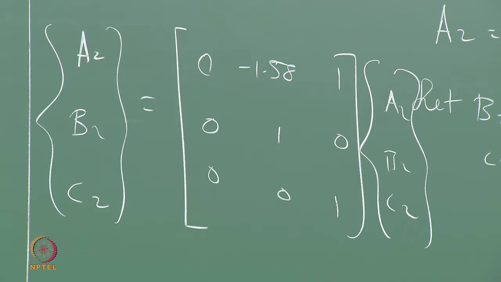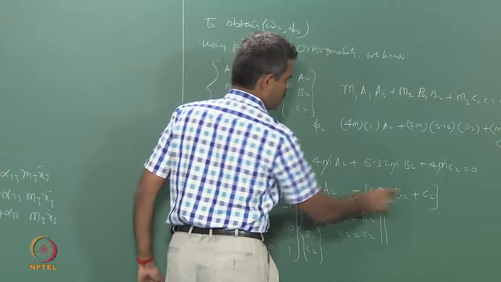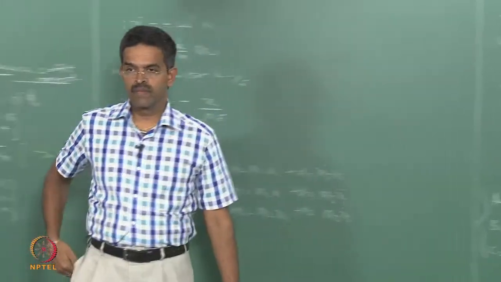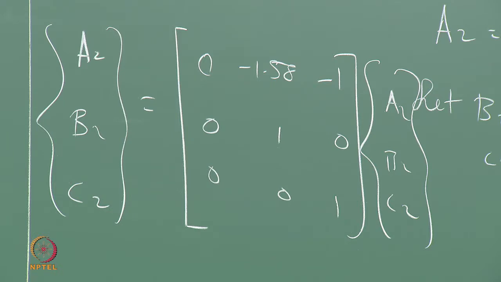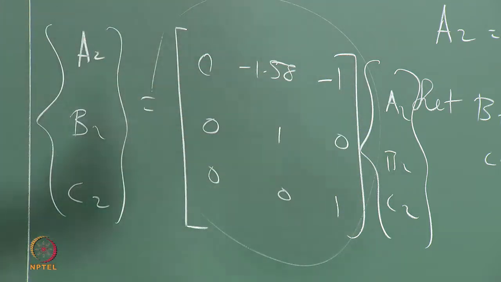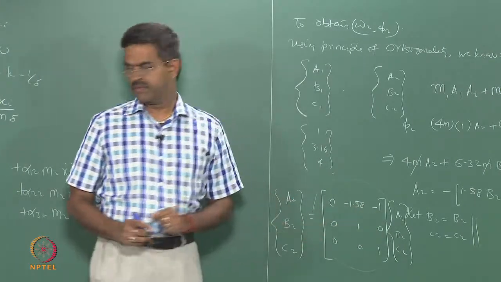There is a minus here, because this negative is multiplied to both the values. Now I have got a new matrix. We have to apply this matrix, multiplying with the existing control matrix. The existing control matrix is this.